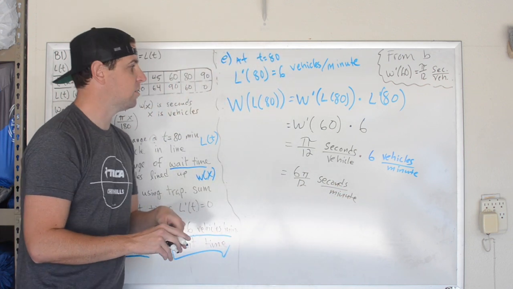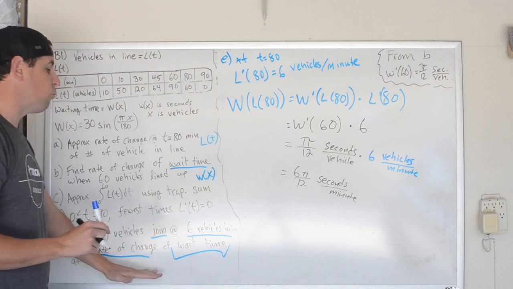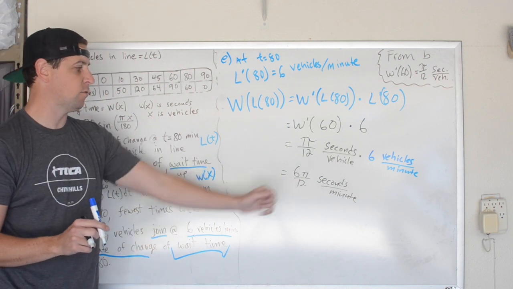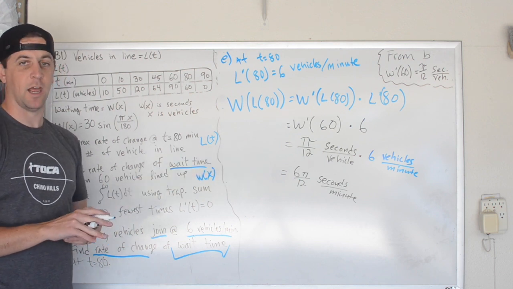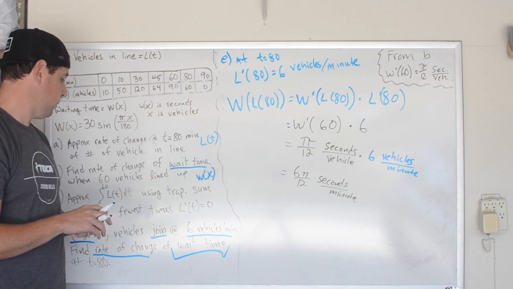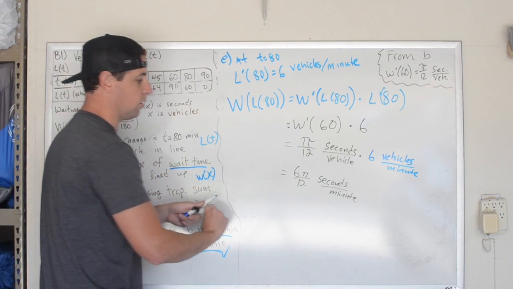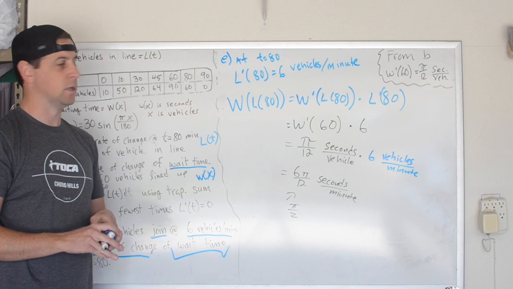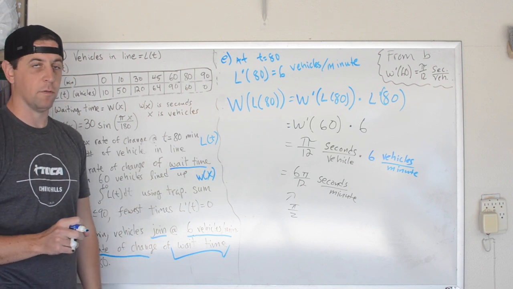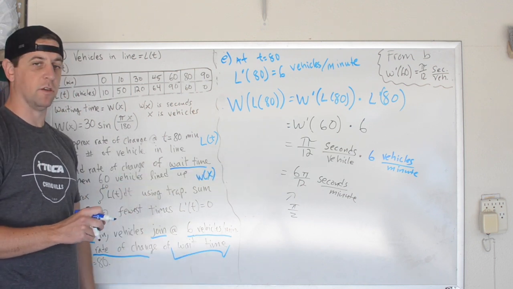What that's telling us is that our wait time has a rate of change of 6 pi over 12 seconds per every minute. That's how often the wait time is changing there. You could write this as just pi over 2, and that would be totally fine too. Notice that you don't have to do that part of it. What they also wanted was the units there.